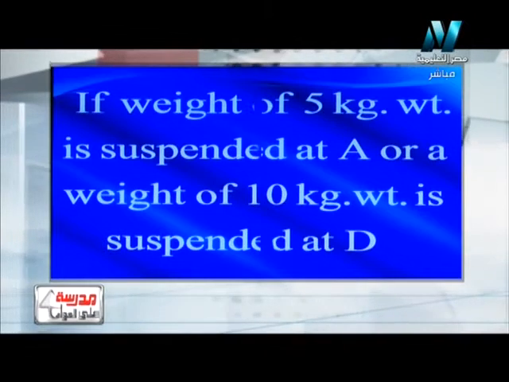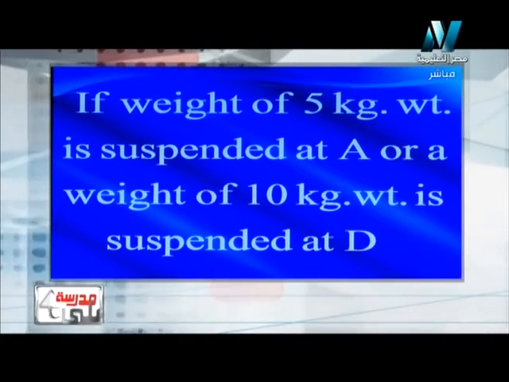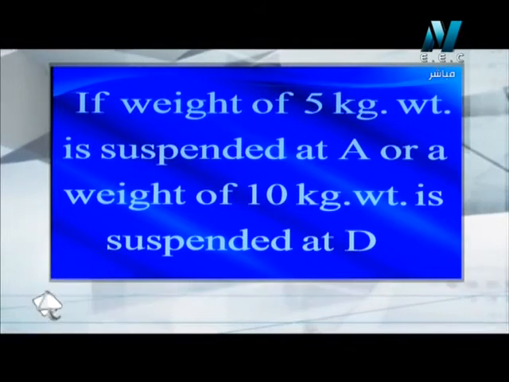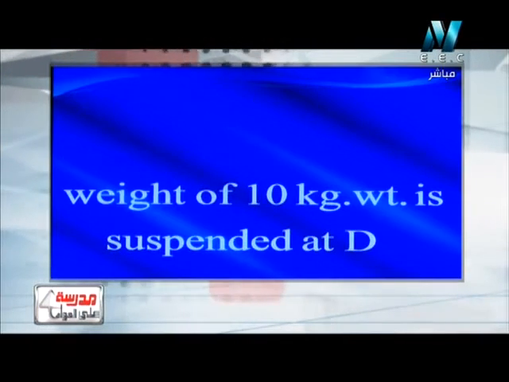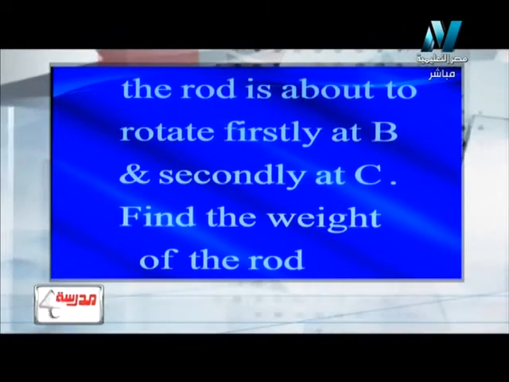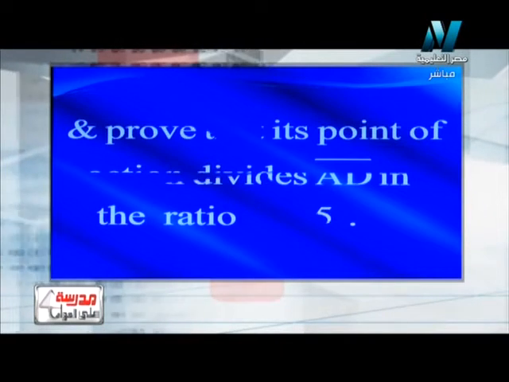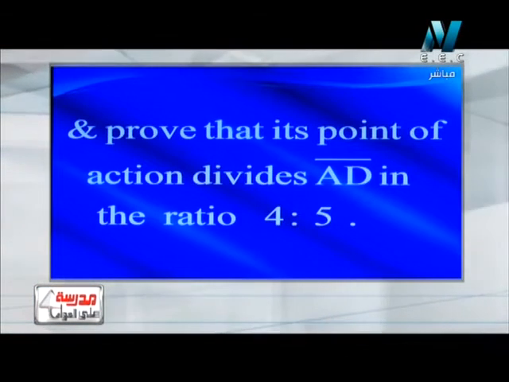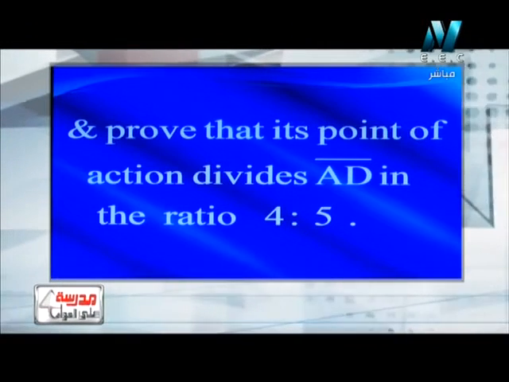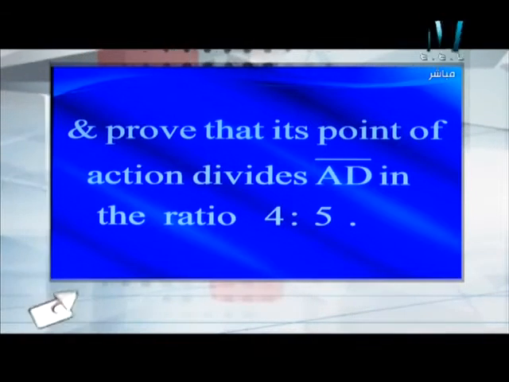And if a 5 kilogram weight is suspended at A, or a 10 kilogram weight is suspended at D, the rod is about to rotate firstly at B and secondly at C. So find the weight of the rod and prove that its point of action divides line segment AD in the ratio 4:5. All right, it's a long one.